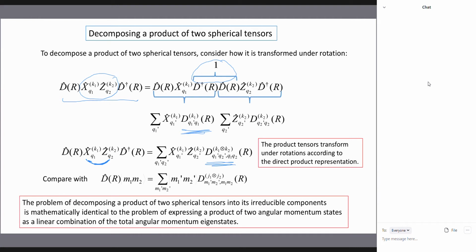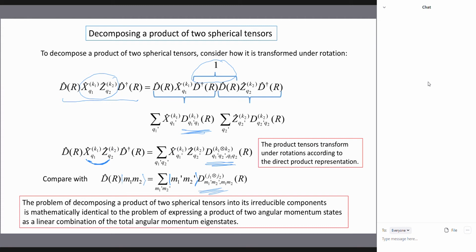So if we rotate a product of two angular momentum states, then it will transform according to the direct product representations.